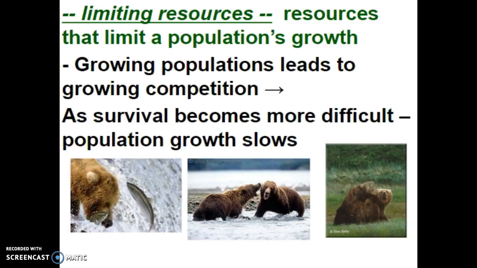We call those resources that limit a population's growth a limiting resource. So when you have more members, you're going to have more competition. So as survival becomes more difficult, as you have to compete for those resources, population growth often slows down.